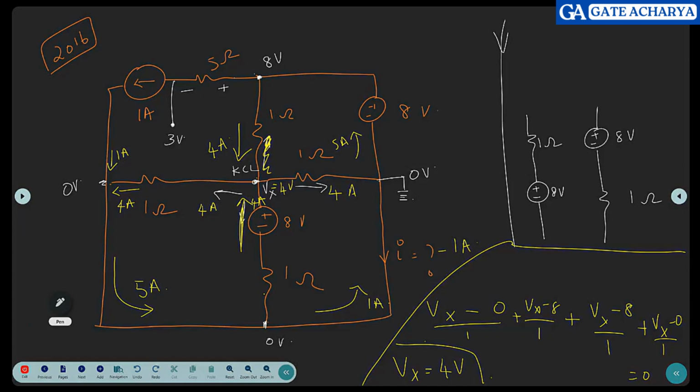Maybe I can write on a fresh page. What we did is this: 8 volts is there. We had 1 ohm, 1 ohm here, and 1 ohm here.